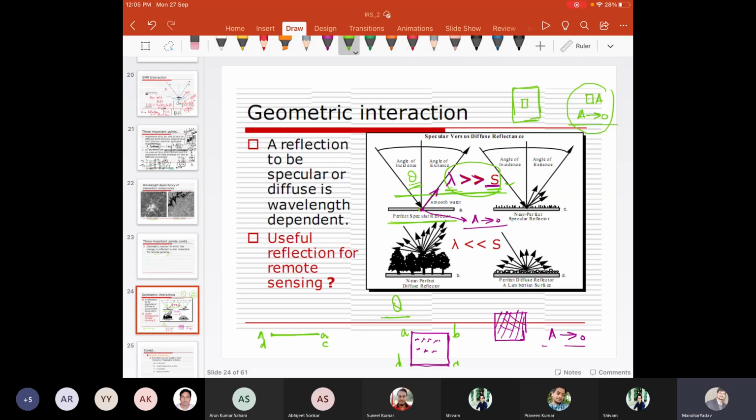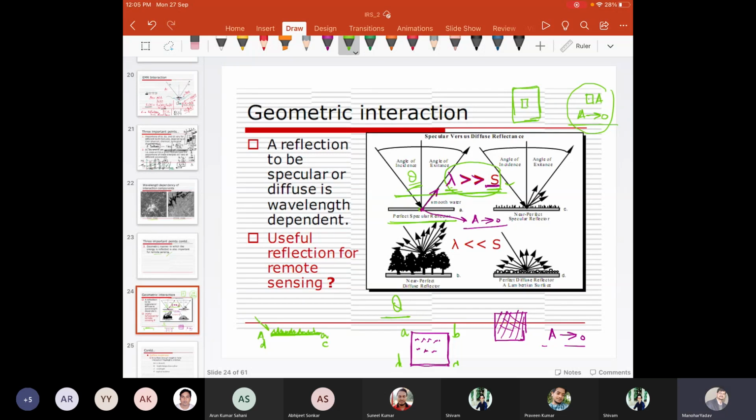When you see from the side, in the case of a mirror, it is a straight line. But if it is sand or soil, you can see some elevation. Some part is lifted up, while there is some small valley.